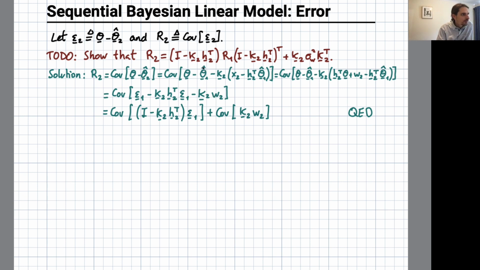And regarding theta 1 hat, this is what we said earlier. Theta 1 hat is a function of x1, and x1 is determined by theta and w1, which both are uncorrelated with w2. So always be careful with this. Otherwise, the expression that you arrive at is not true.